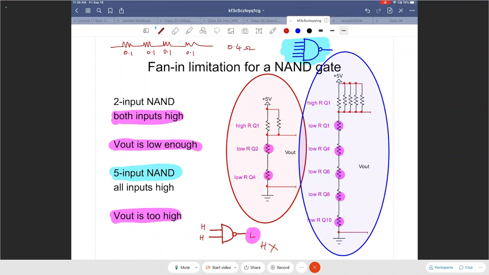This is essentially a voltage divider, 5 volts getting split between the high resistance and all of that, and we are measuring V out. That's a simple voltage divider. Voltage drop would be high at the output. It's just the accumulation of all those low resistances.